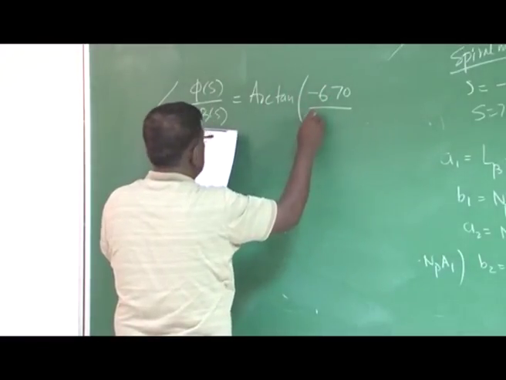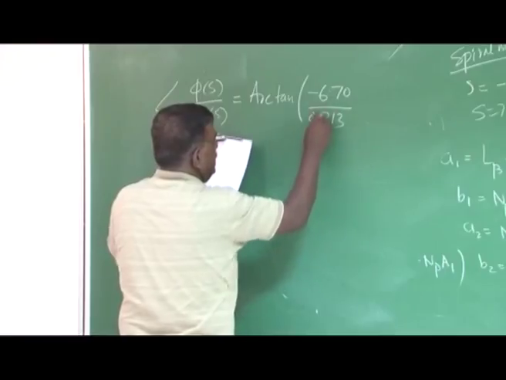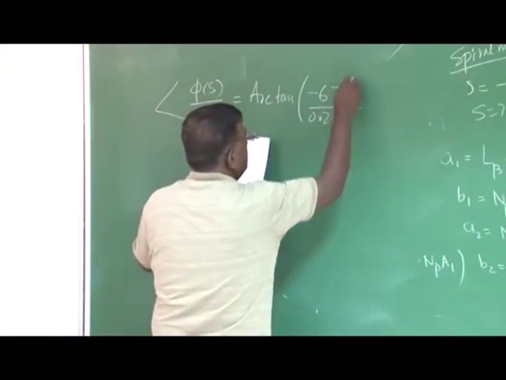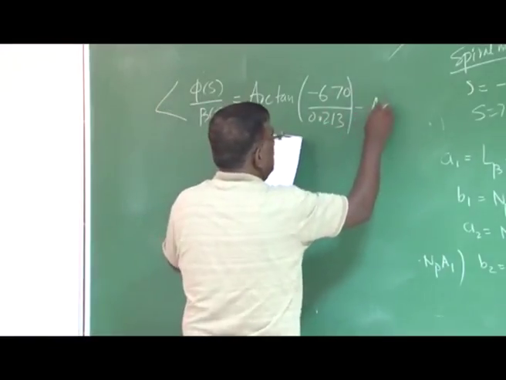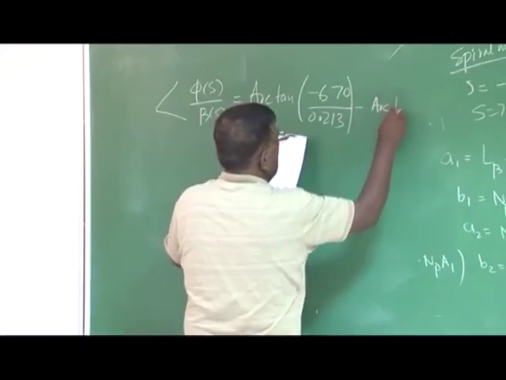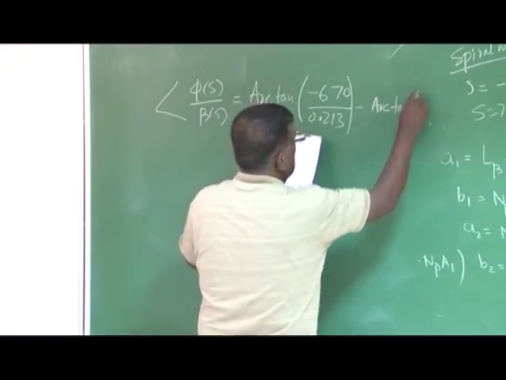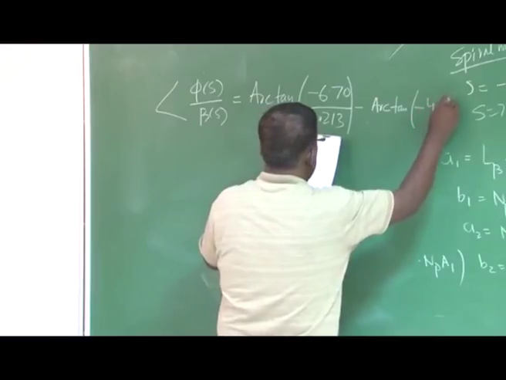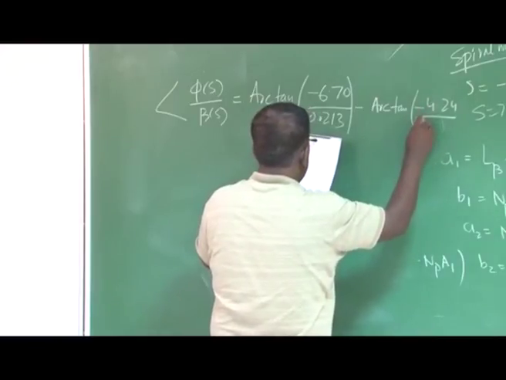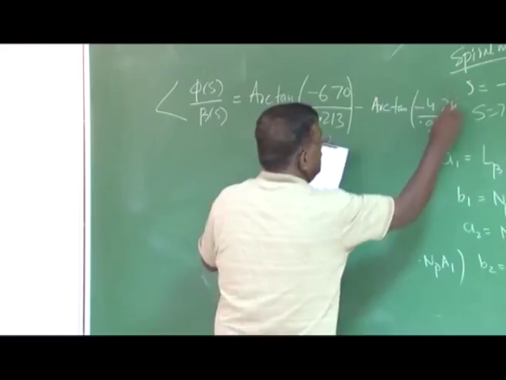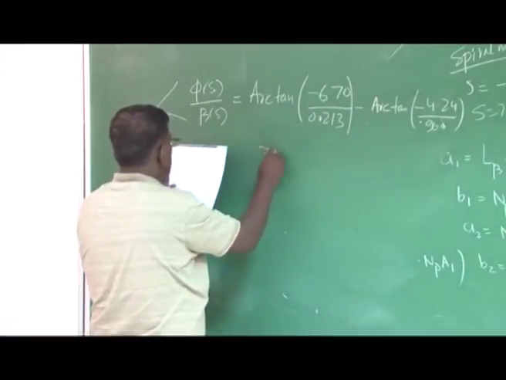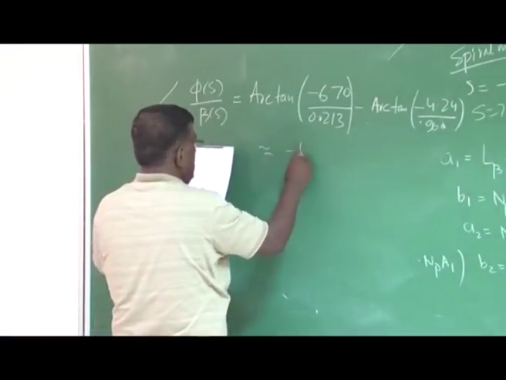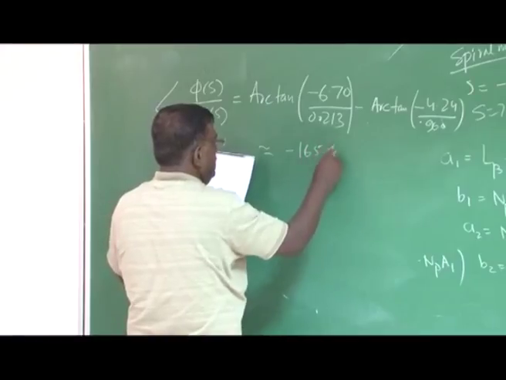I'm just writing it so that you can follow it. In fact, you should be able to find it yourself. So this will give you roughly minus 165.4 degree.